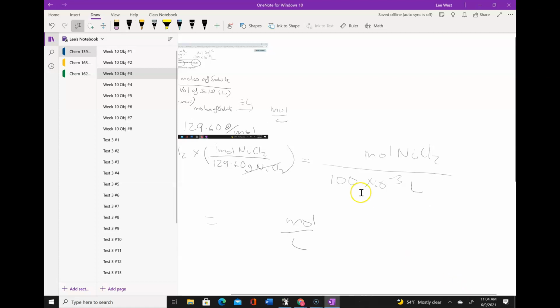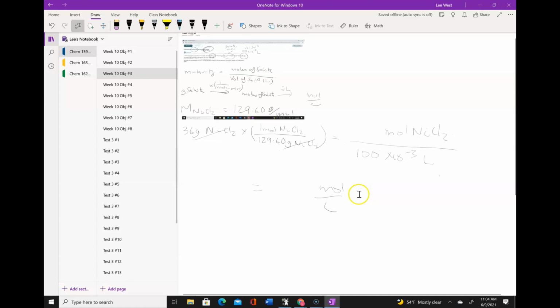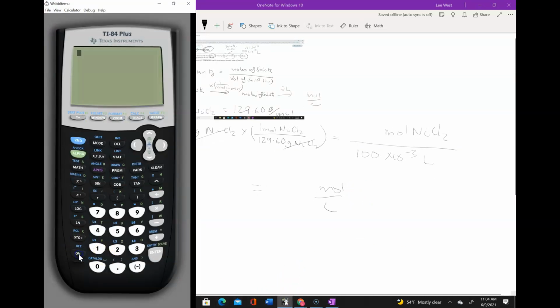So let's go ahead and do that. It's 36 times 1 divided by 129.6. That's my moles, right? So it's 0.278 divided by 100 times 10 to the minus 3.